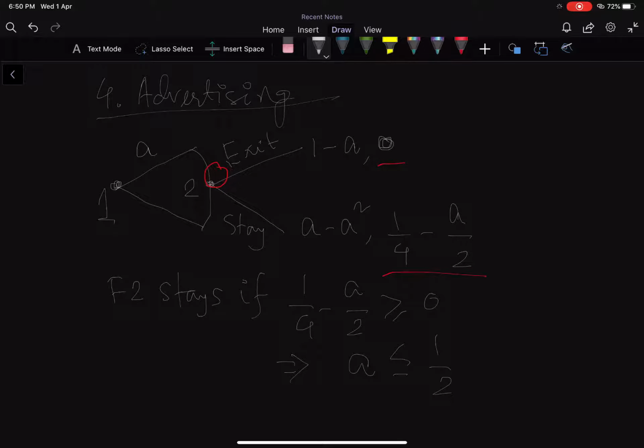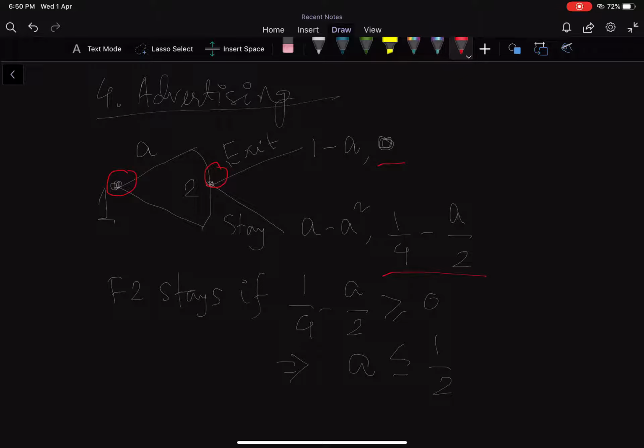The question is, knowing this, which is the optimal decision of firm 2, what would firm 1 do in the previous node? That's the backward induction logic. If firm 1 chooses A less than half, then firm 2 would stay, and firm 1's payoff would be A minus A squared.